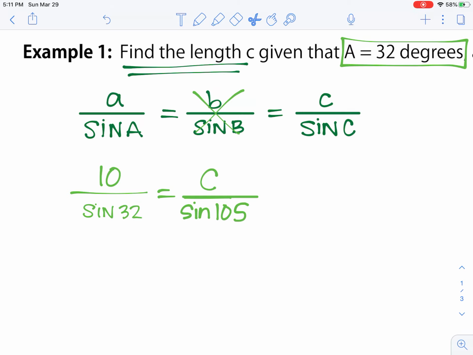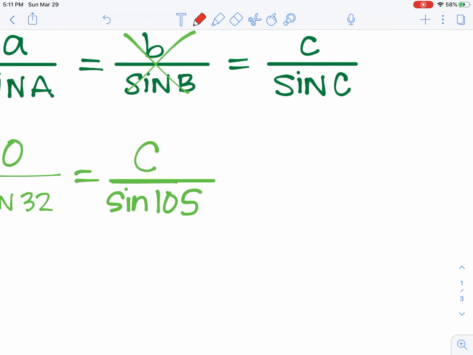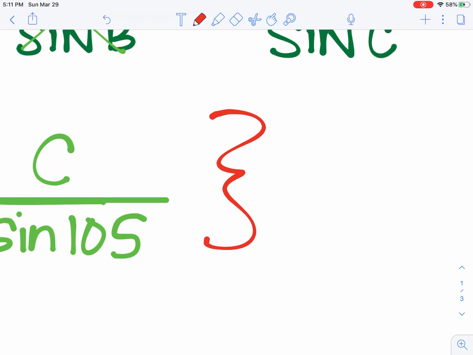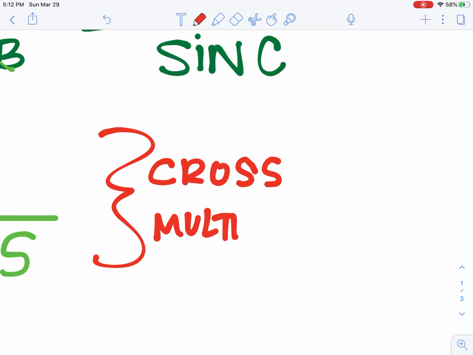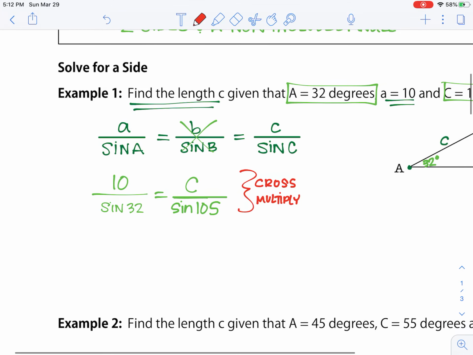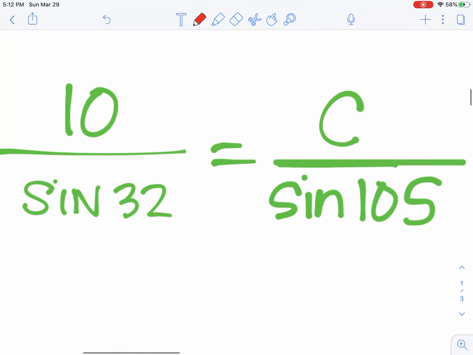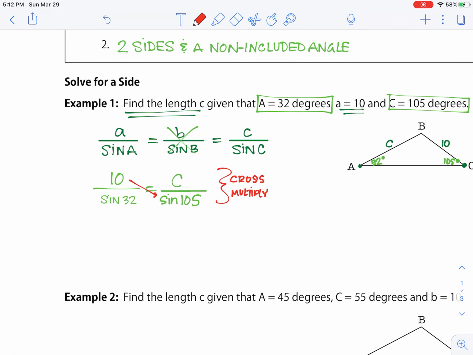Now, this perfectly sets up what we like to call a proportion, which we have seen before. So to solve a proportion, we're going to cross multiply. So in cross multiplying, we take the top of our first fraction and multiply it to the bottom of our second fraction.